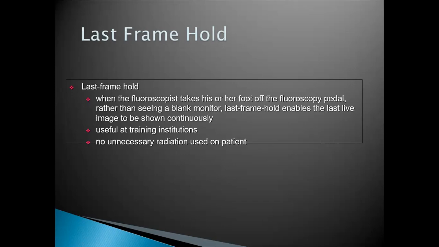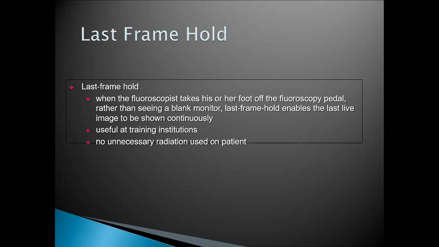Because if you want to look at a particular image and the machine is still on, the patient will be overdosed without any procedure, without any special thing going on.